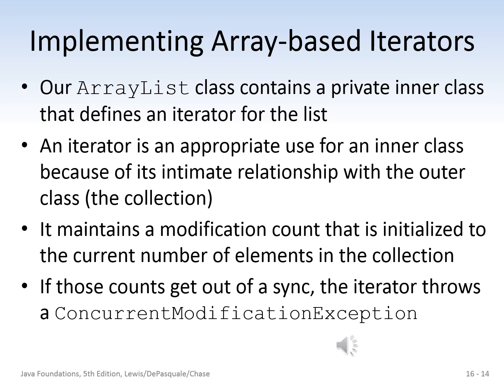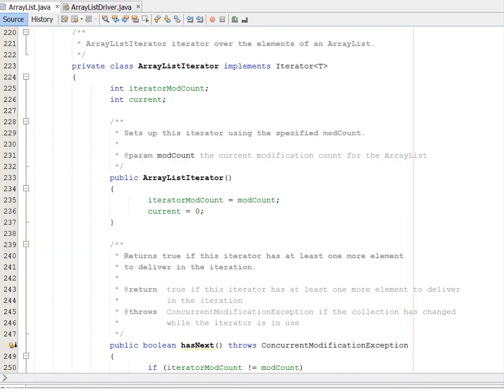I'm going to show you that inner class in the original ArrayList implementation from the last chapter. Here we're taking a look at the ArrayList iterator inner class, which is inside the ArrayList class.